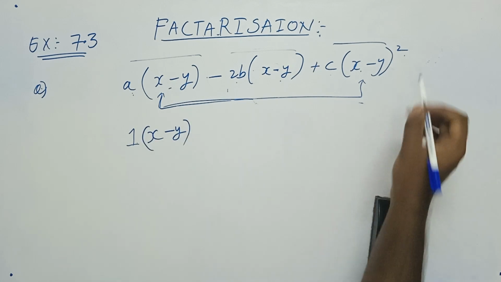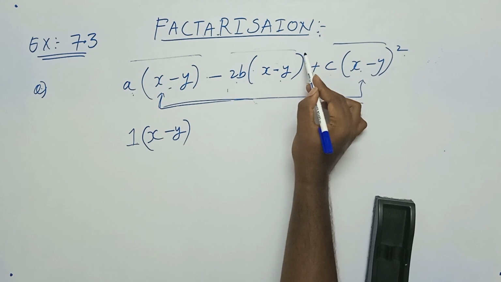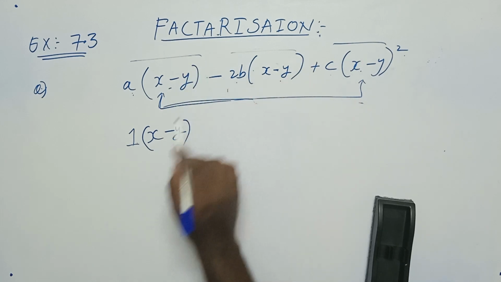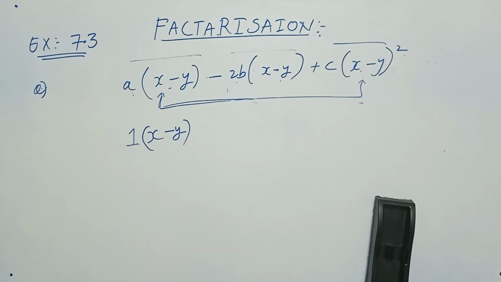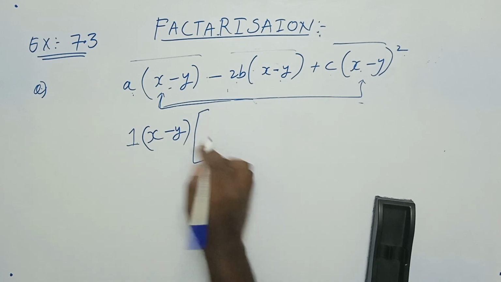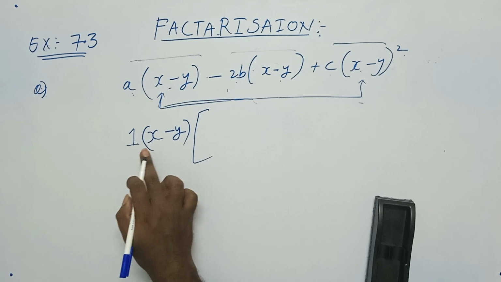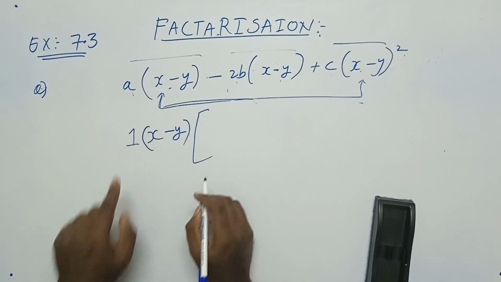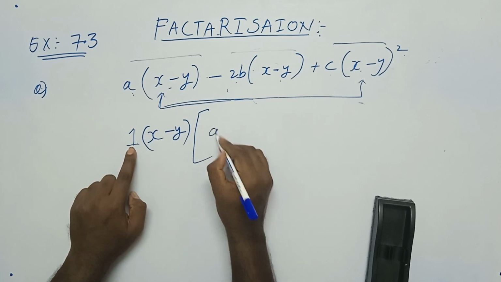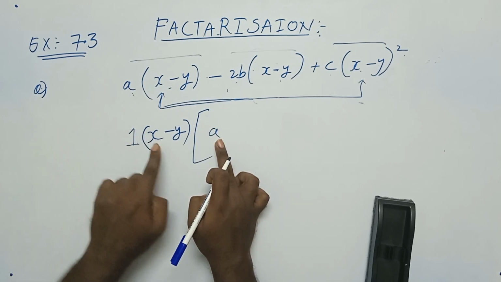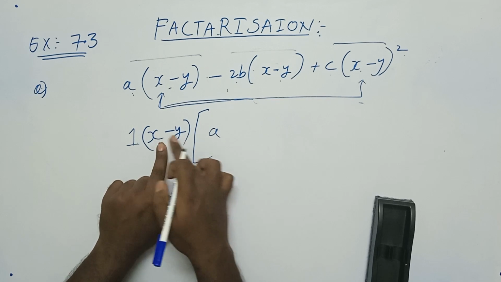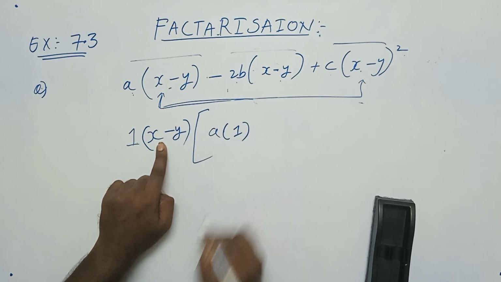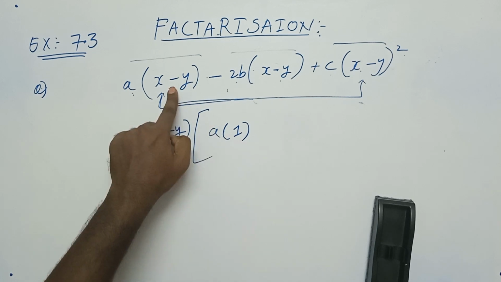Here you have power 2, here you have power 1. That means we take the lowest power, so (x − y) is the lowest. Now we divide the whole expression by 1 of (x − y). 1 into a is a, (x − y) into 1 is (x − y).